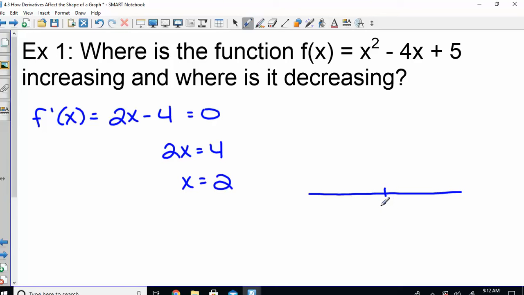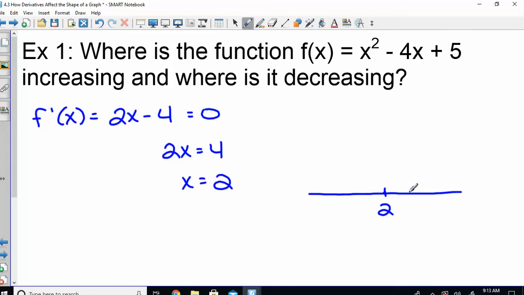So when x is 2, the derivative is 0. So that's either a maximum or a minimum point. I need to figure out if it's positive or negative on each side of that.